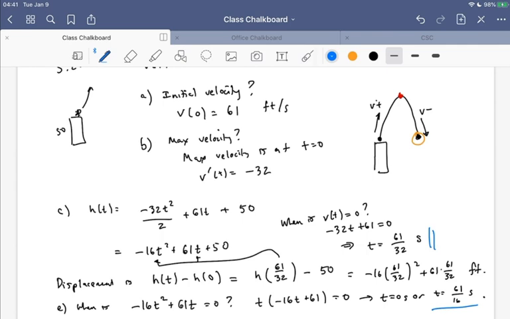Yeah, makes sense, right? Because it takes half the time to get up and then that exact amount of time to come right back down. And so the total time is double the time it takes to get to the peak. So, yeah, 61 over 16 in seconds, of course, this time.